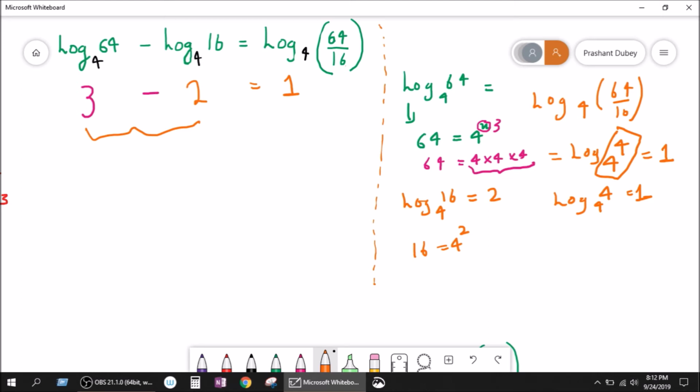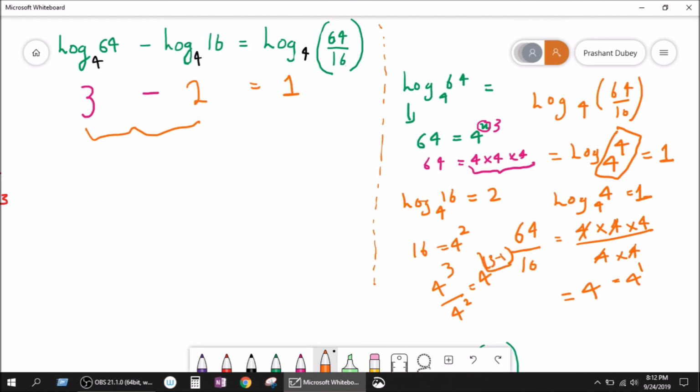We subtract the powers because we divide the product of our bases, which is 64 divided by 16, equal to 4. 4 times 4 times 4 divided by 4 times 4 is equal to 4, because one 4 cancels a 4 and another 4 cancels a 4, so this is equal to 4 to the power 1, which we can also write like this: 4 to the power 3 divided by 4 to the power 2 equals 4 to the power 3 minus 2.